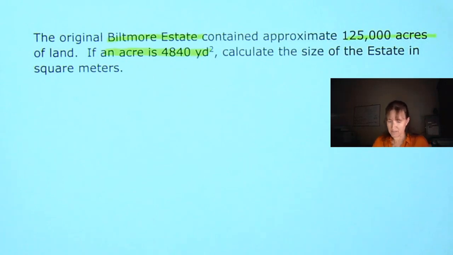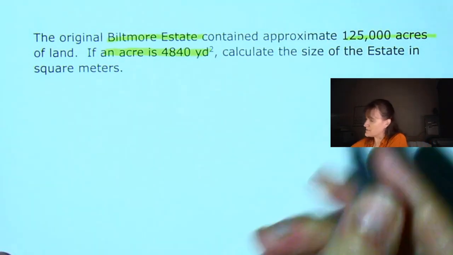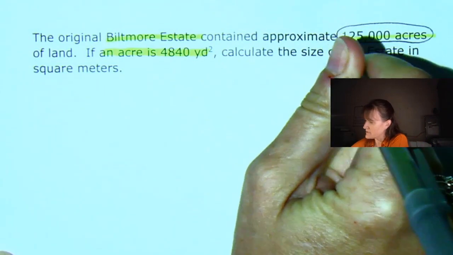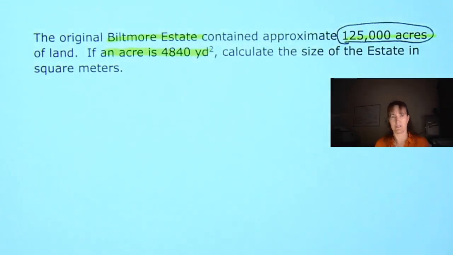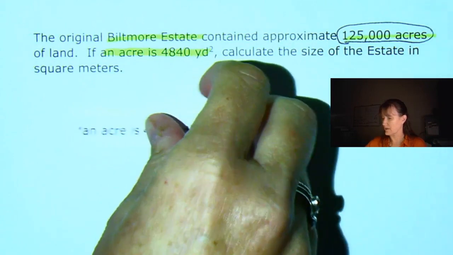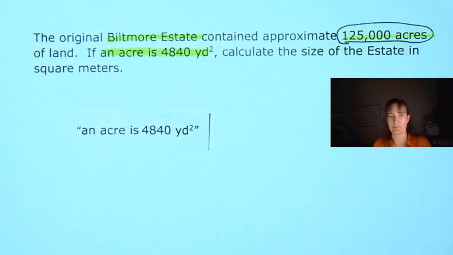So if we go back to this, we're going to base our calculation on the measurement 125,000 acres. We need to think about how we can take the unit of acres and build a problem around that. Well, we have the statement an acre is 4,840 yards squared.